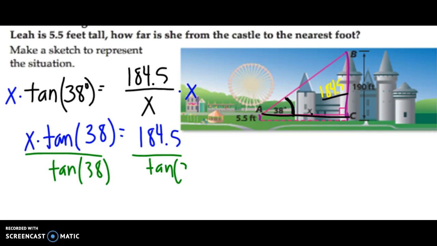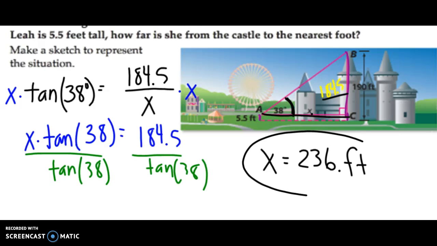I go to my calculator and do 184.5 divided by the tangent of 38 degrees, and I find it to be 236 point, or actually it says to the nearest foot, so 236 feet. There's my answer, 236 feet from the castle.